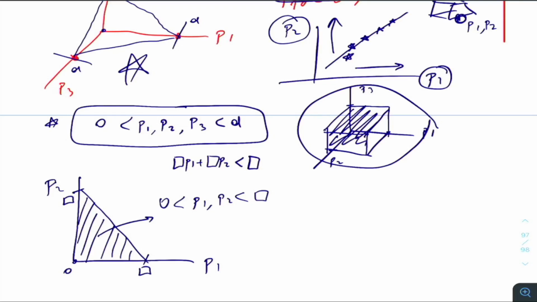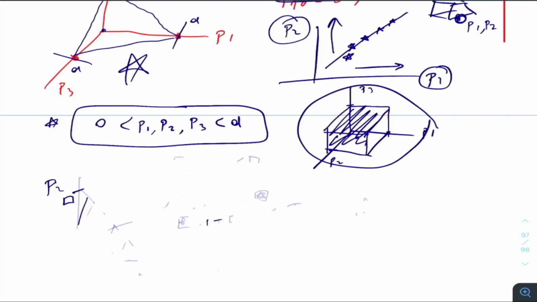You would also have some constant times P1 plus some constant times P2 less than some constant. There is a word for that, and it is affine constraint, right? I just want to make that clear.